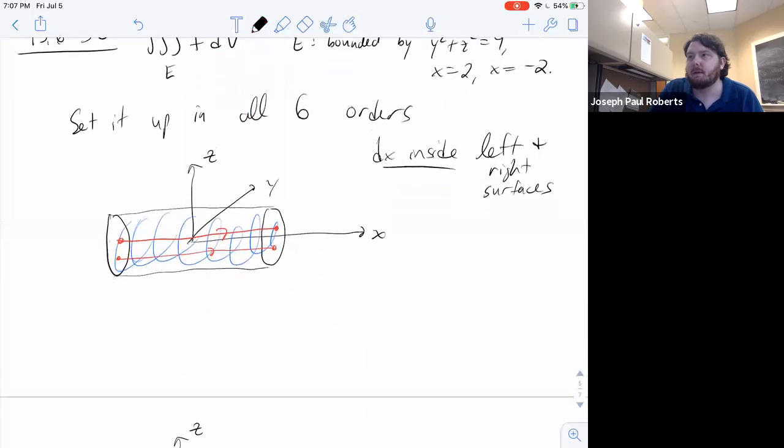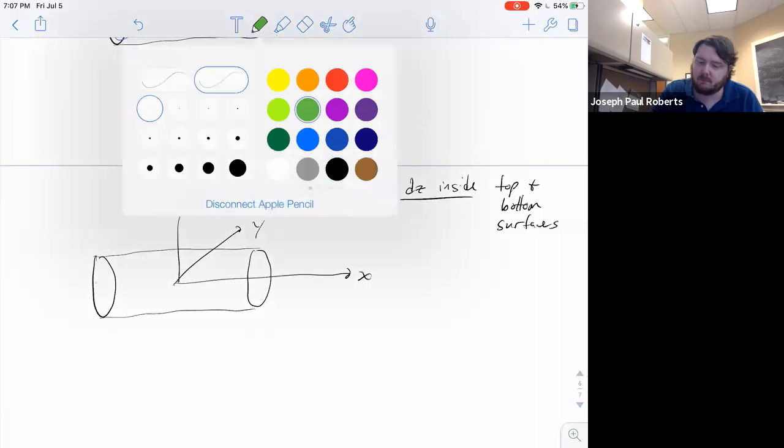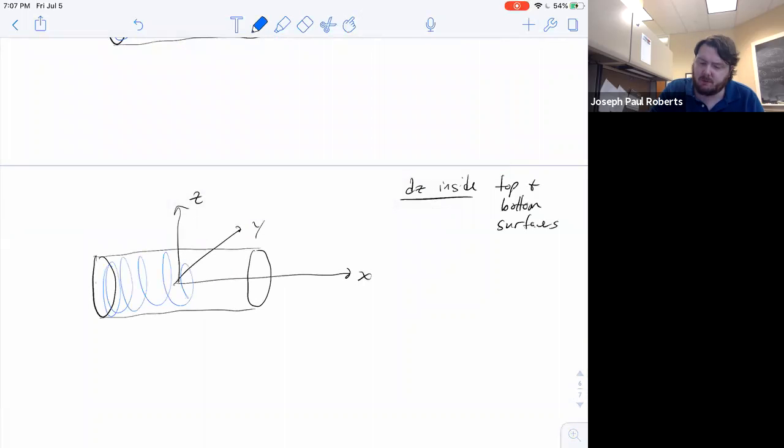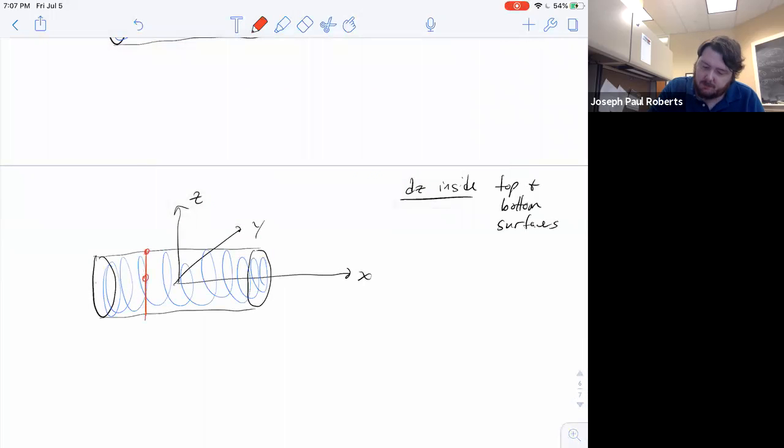For dz on the inside, then you're thinking top and bottom surfaces. So we have our same set of points that we're looking at. And we're saying, okay, where are we starting? Where are we stopping as far as going straight up and straight down?